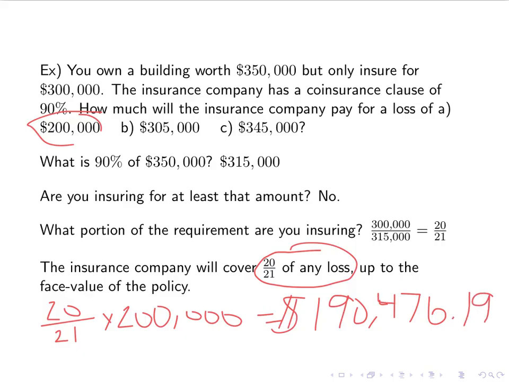Remember, it's dollars, so round to the nearest cent. I take that 20 out of 21, multiply it by the loss, and then ask myself which one's smaller, that amount or the face value. That amount.